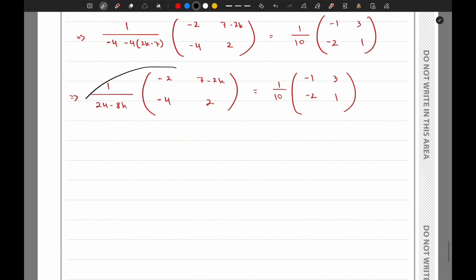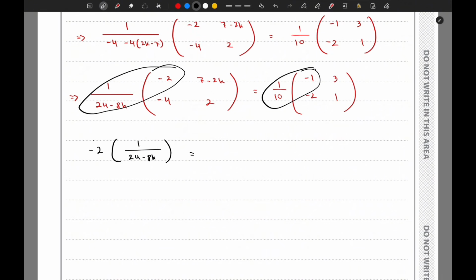Let's equate these two values, which is minus 2 times 1 over 24 minus 8k. That's 24 minus 8k equals minus 1 over 10. So these minus signs cancel each other out.